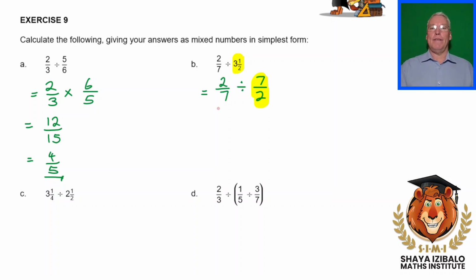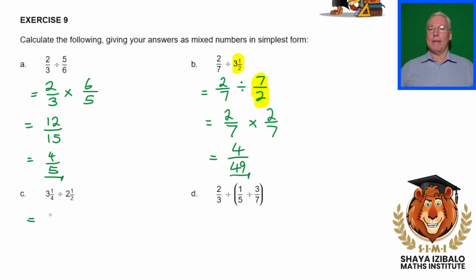You cannot start dividing the top and the bottom by 7 while there's a divide sign there. We've got to first turn the second one over and make it into multiplication. So this is 2/7 times 2/7, okay? And notice now we can't divide the top and the bottom by 7 because they're both on the bottom. Now we simply multiply the tops and we multiply the bottoms. 7 7s are 49.